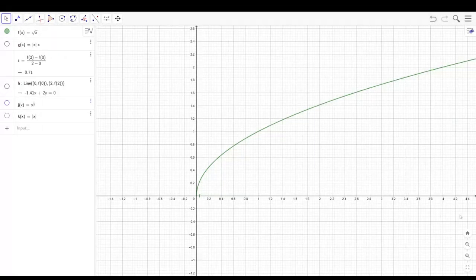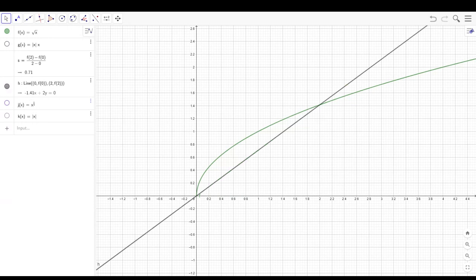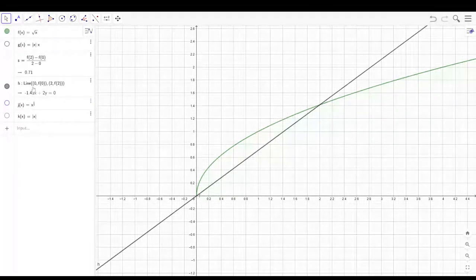It doesn't make a difference. What I've done now is draw the line connecting this point with that point, the endpoints of the interval, x equals 0 and x equals 2. I've basically just drawn a line segment connecting those two points.